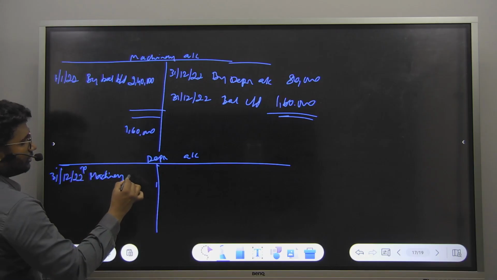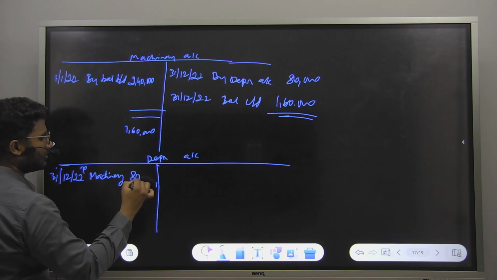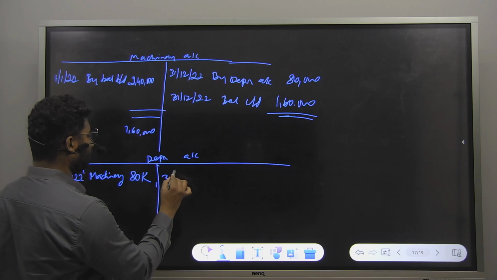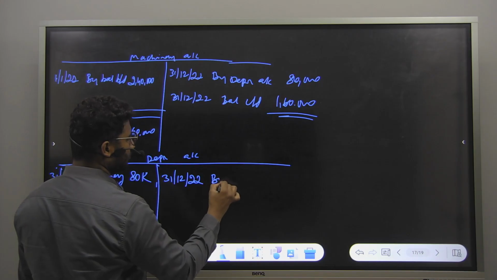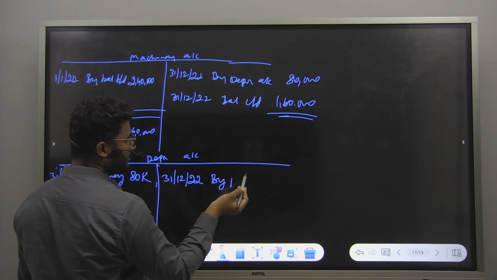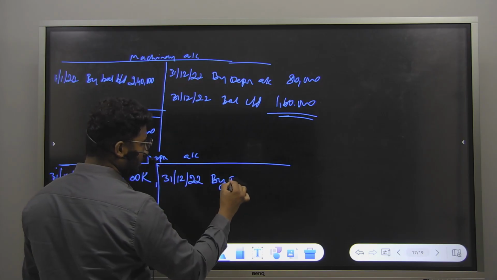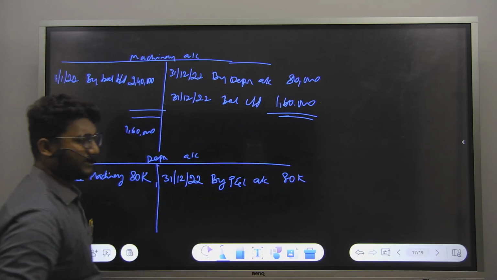To machinery account, how much? 80,000 rupees. So this depreciation we will transfer to which account? To profit and loss account, that is 80,000.